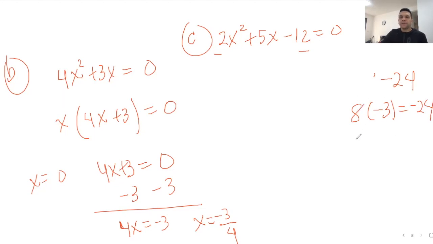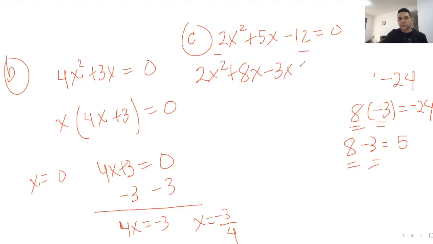And if I add these two up, 8 minus 3, I get 5. So these are my two numbers, 8 and -3. So I'm going to rewrite this as 2x squared plus 8x minus 3x minus 12 equals 0.